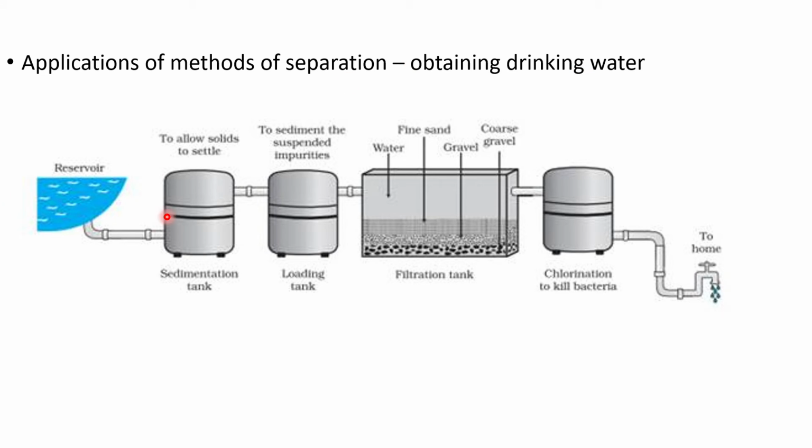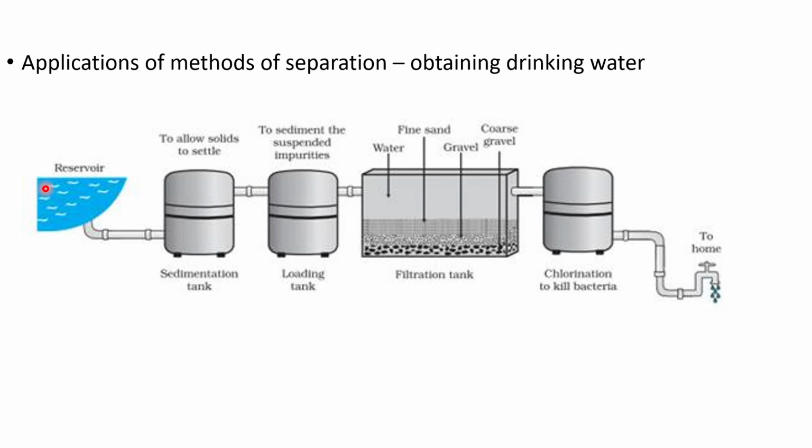So here you see, from a reservoir, river or lake, our water wants to reach our home. Water doesn't directly reach our home from the reservoir. It undergoes many methods of separation to remove impurities, and then it reaches our home.